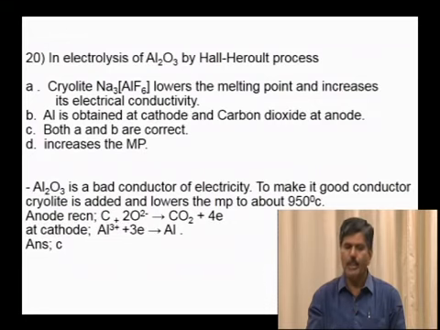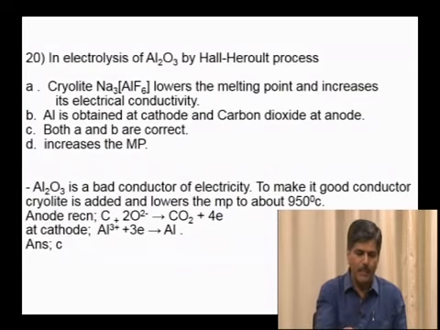Cryolite is added in the Hall-Héroult process to purified alumina to lower the melting point and increase the electrical conductivity. This is because alumina has a high melting point and is a bad conductor. Therefore, option A is correct.